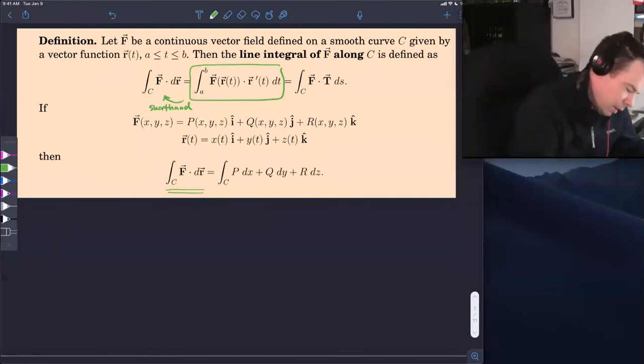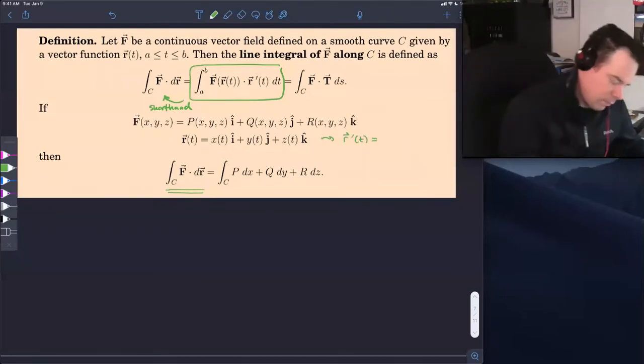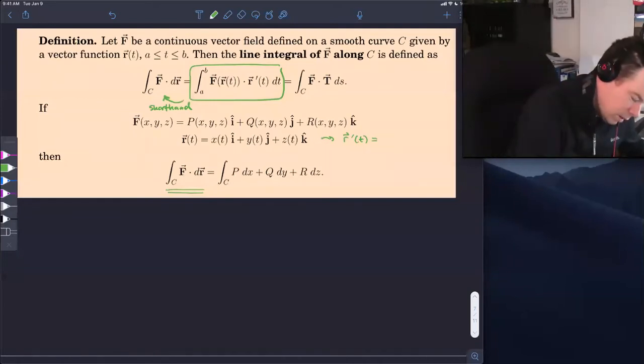And what's really happening here is we are noticing that when I take the derivative, r prime of t is dx/dt, dy/dt, and dz/dt.